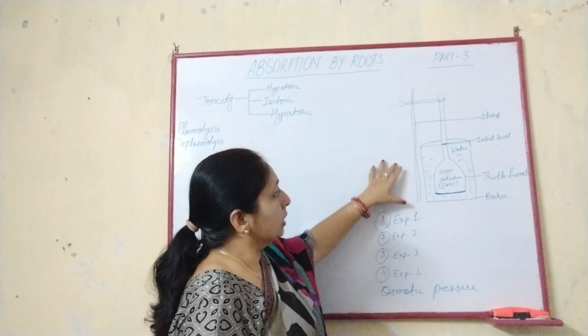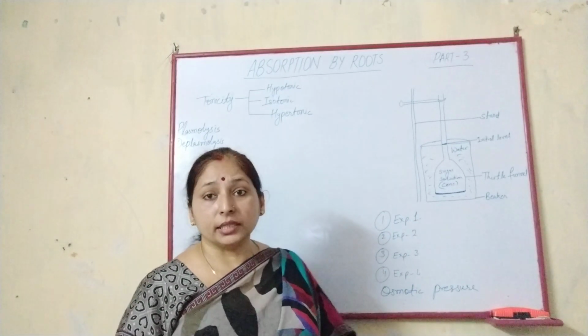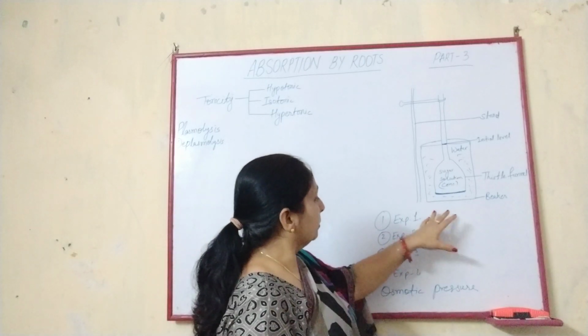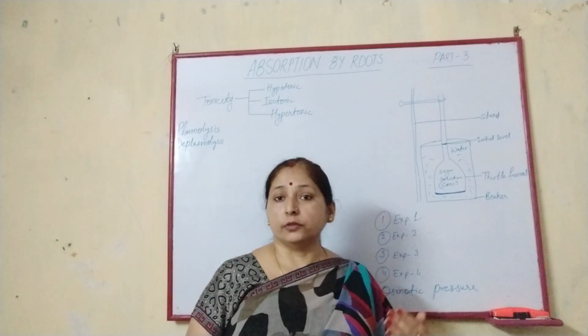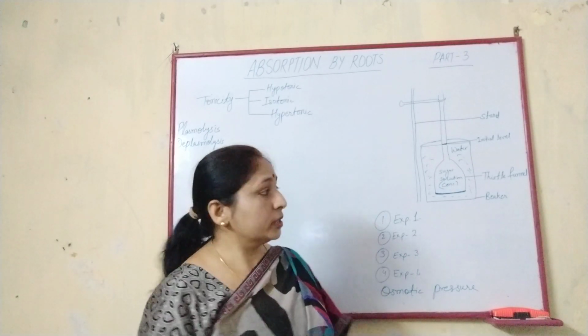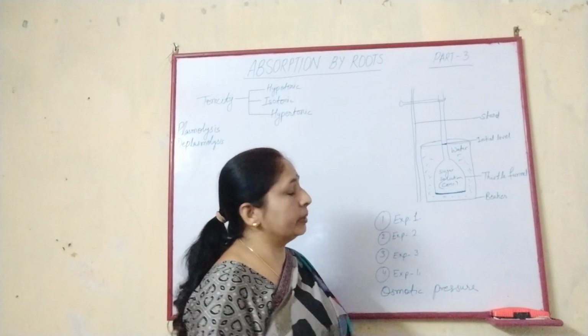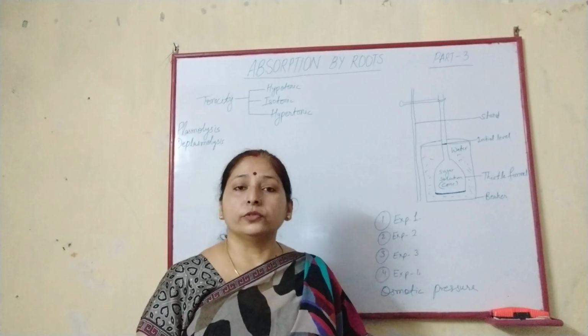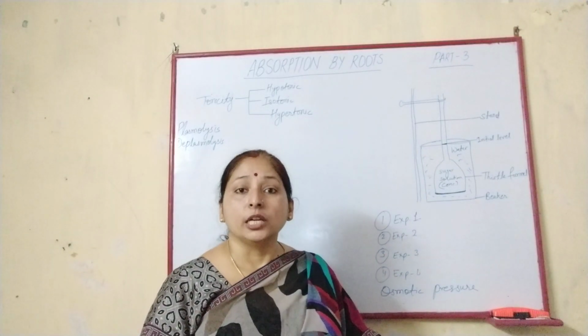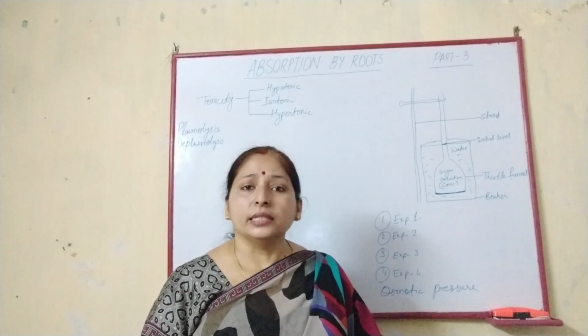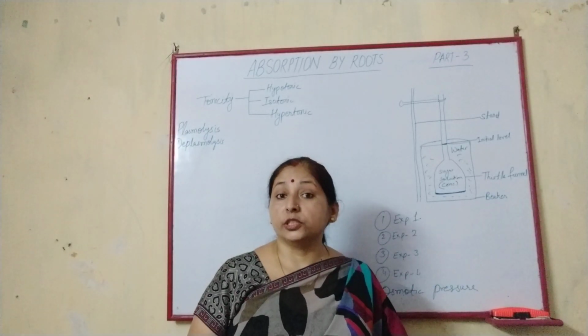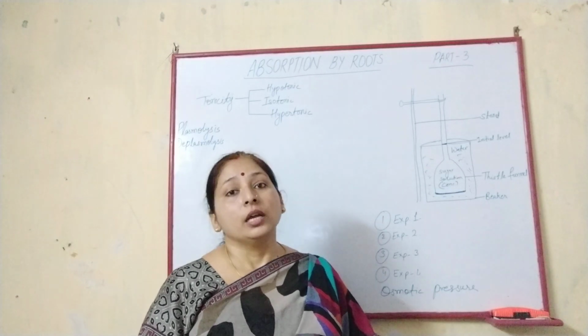As you can see, I have made an experimental setup, and based on this setup we will discuss all four possible ways in which we can make changes to prove that osmosis is always a process through a semi-permeable membrane, and that there are some factors which inhibit the process further.